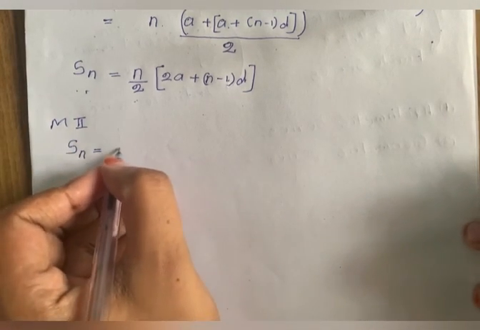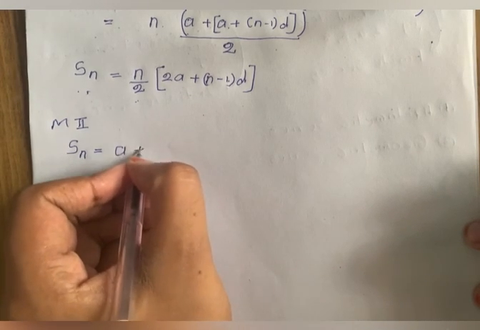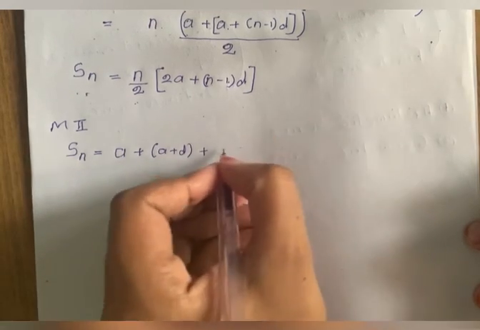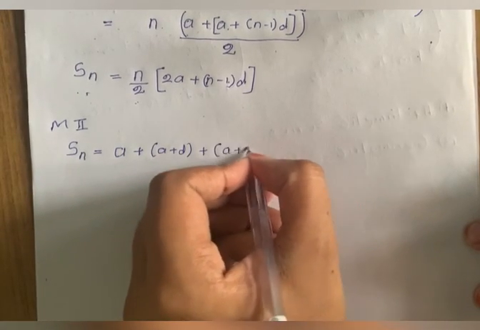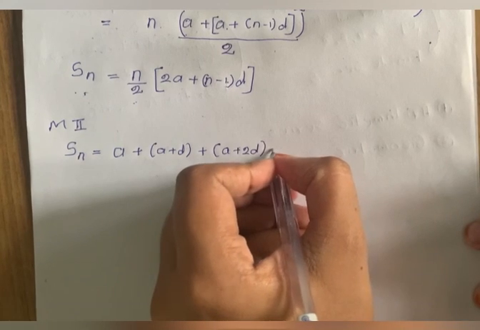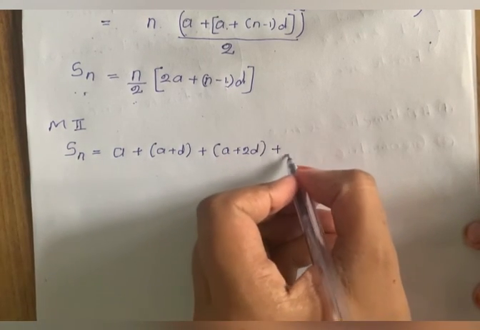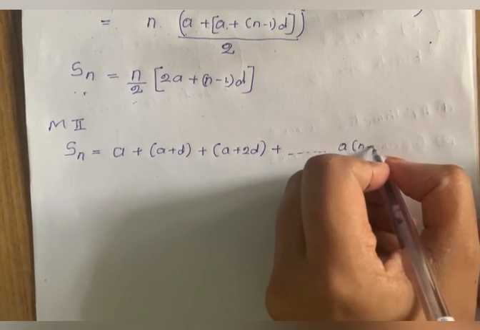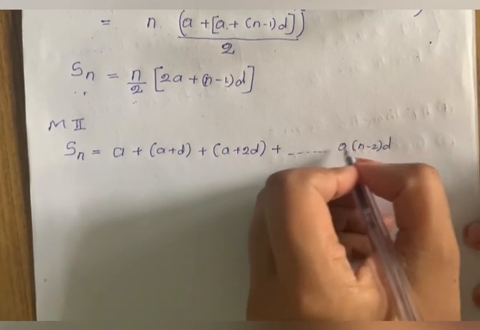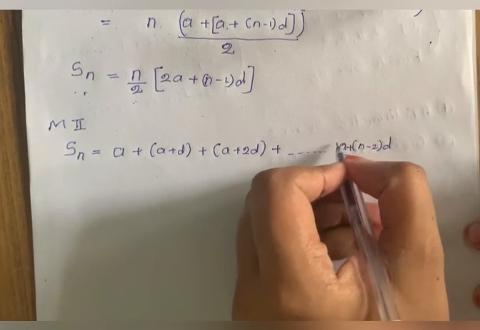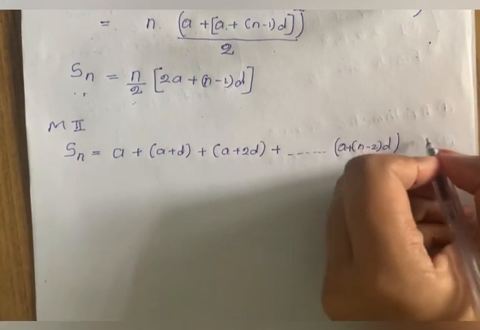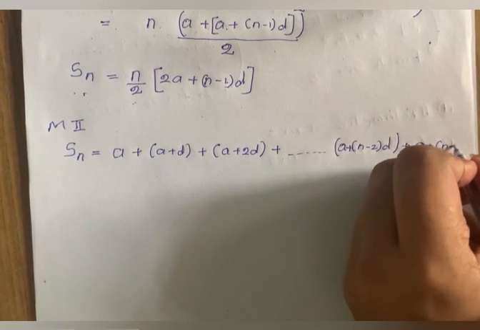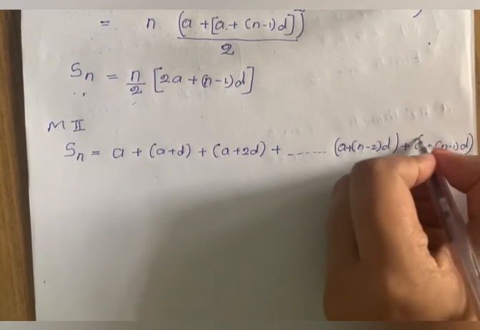Sn is equal to a plus a plus d plus a plus 2d, and so on. The last two terms can be written as a plus n minus 2 d, and the nth term, since that is the n minus 1 term, would be a plus n minus 1 d.